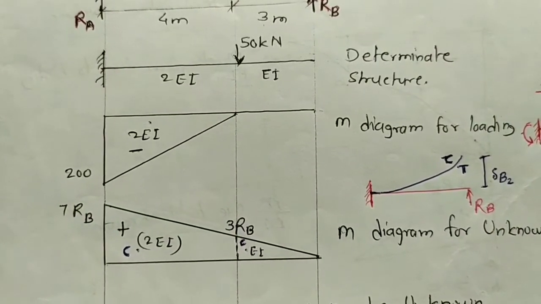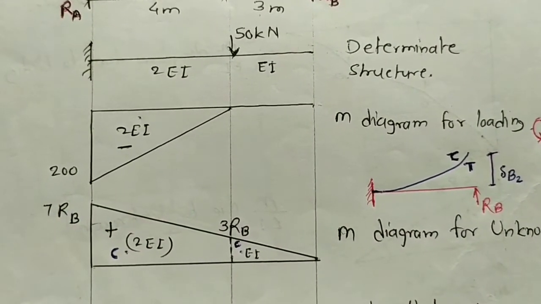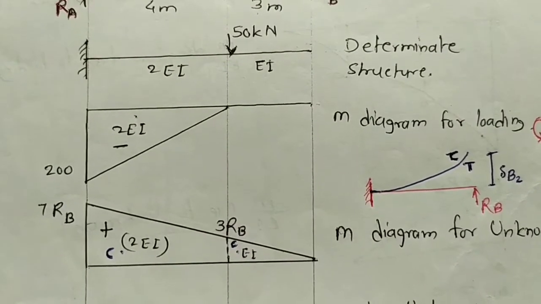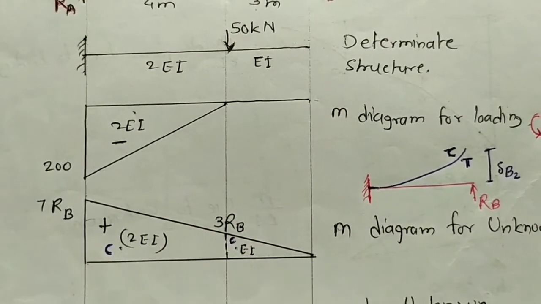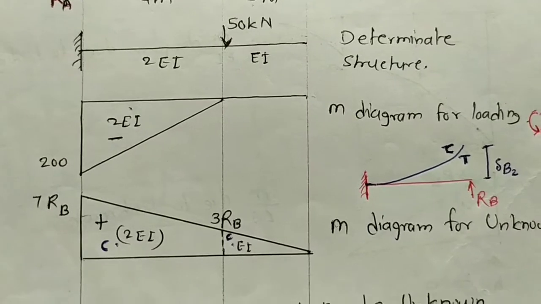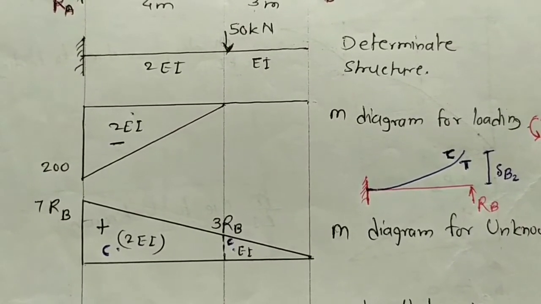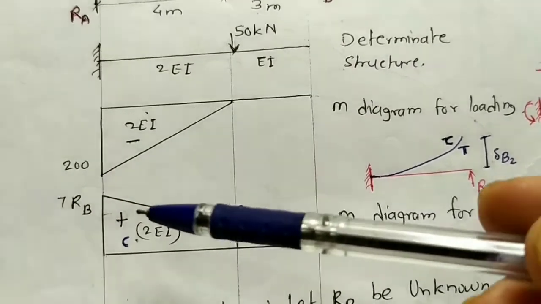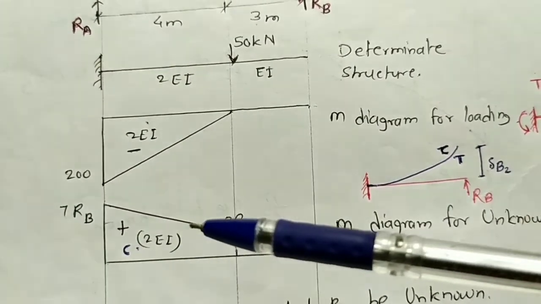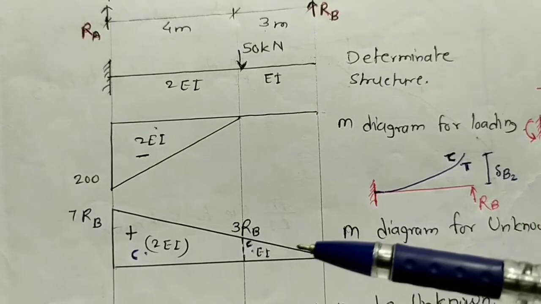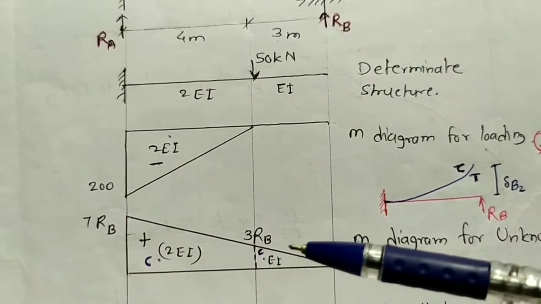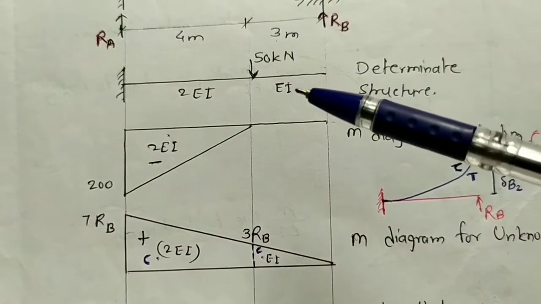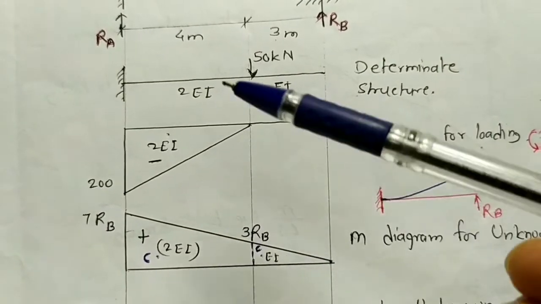Now again we'll consider three brackets. First bracket is the area, second bracket is the centroidal distance and third bracket is the EI variation. Here we are getting a triangular shape, that is, the bending moment diagram is nothing but a triangular shape, but here there is an EI variation. This part is having EI equal to EI and this part is having EI equal to 2EI.